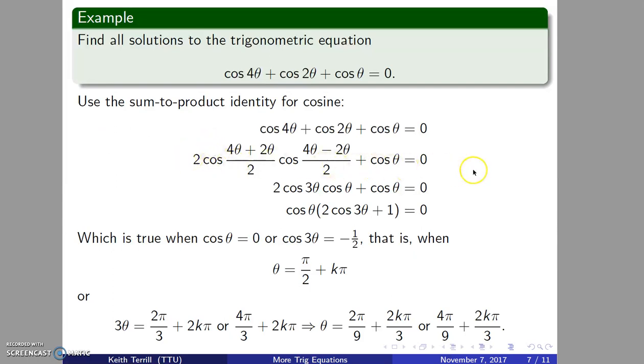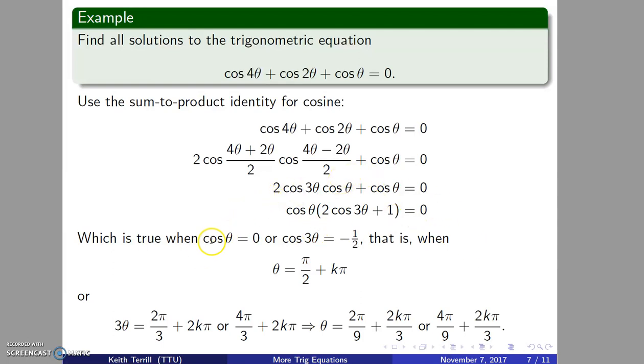Once we reduce down, I've got 2 cosine 3 theta times cosine of theta, and that's all being added to cosine of theta. Well, now I can factor out the greatest common factor, cosine theta. So that gives me that, all equal to 0, which is now true when either factor equals 0.